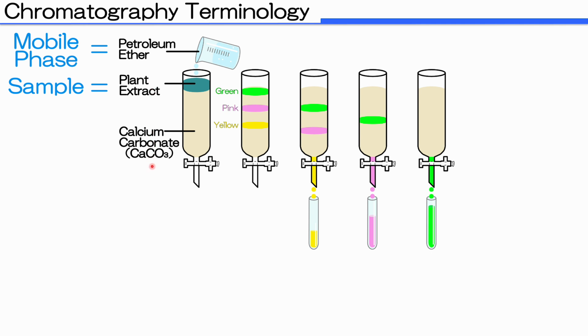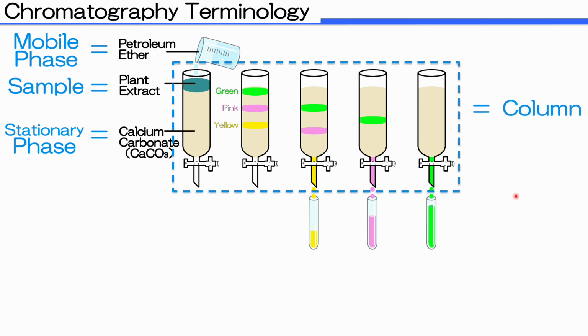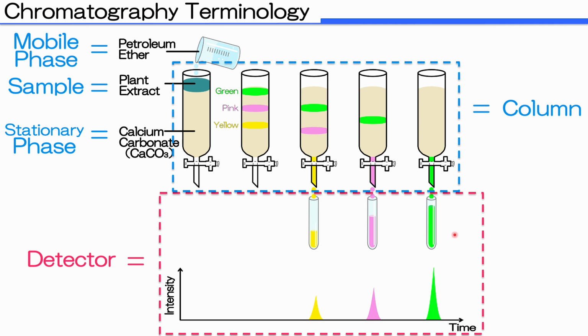And calcium carbonate can be paraphrased as stationary phase. And the glass tube can then be explained as column. And finally, the place to collect the color, in this case, can be said as detector.